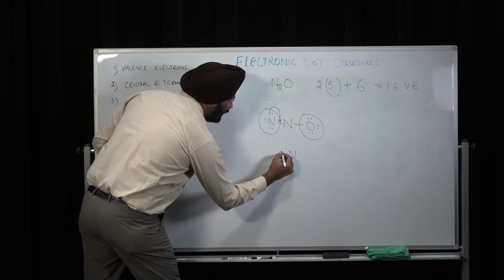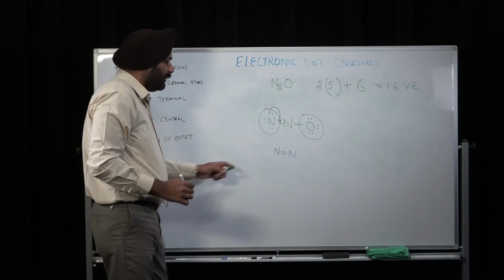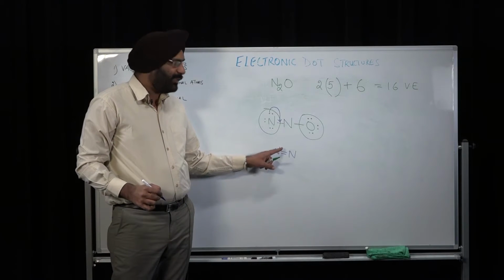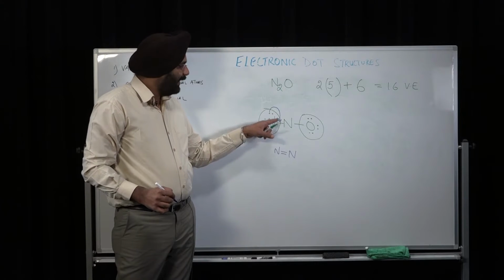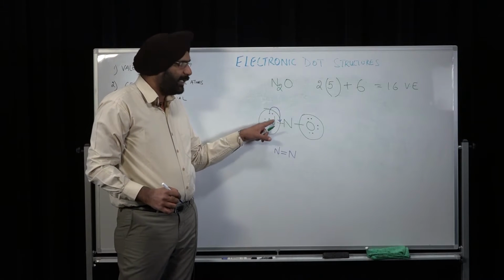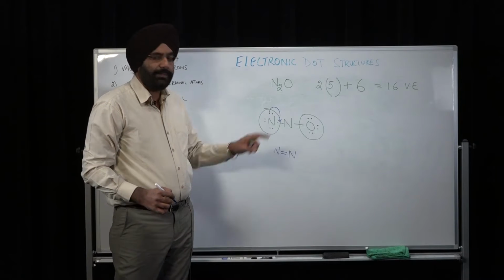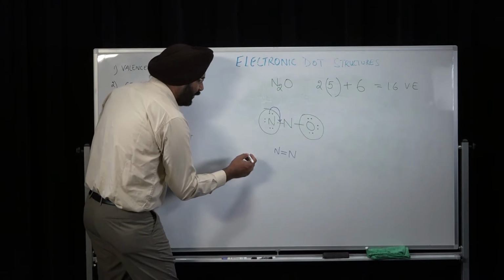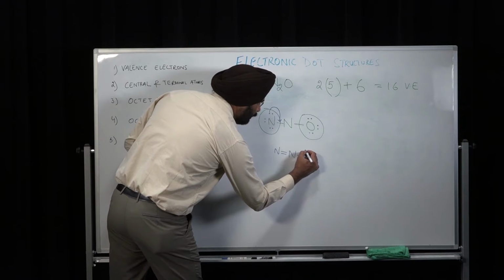Then what we have is 2 bonds between the 2 nitrogen atoms. There is a double bond. How has this second bond come about? Because this pair of electrons comes in between the 2 nitrogen atoms. This means this lone pair here has now become a bond pair. So there is a double bond in there. And then I'll put the other electrons the way they were.